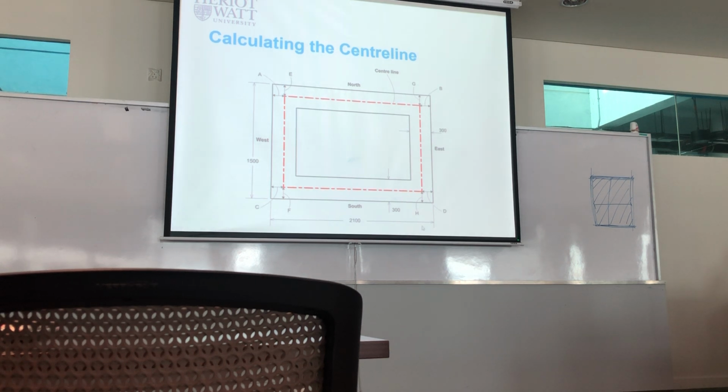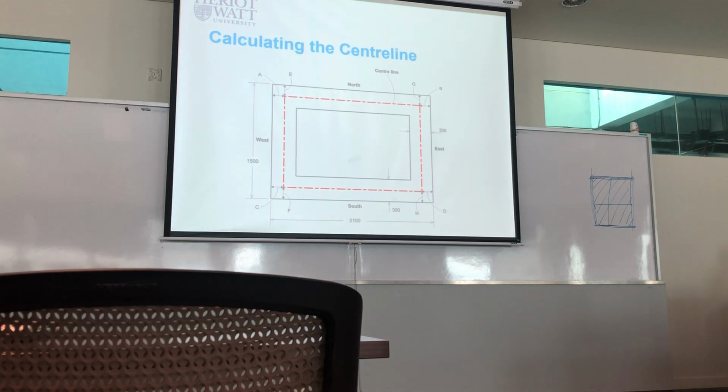Sometimes when I teach in the lecture, I say, okay, you take this dimension, you minus the half of the foundation thickness. So everybody follows the same, even in the exam. But in the exam, if I give internal dimension, they also minus. So you don't memorize the notes. You understand the notes.